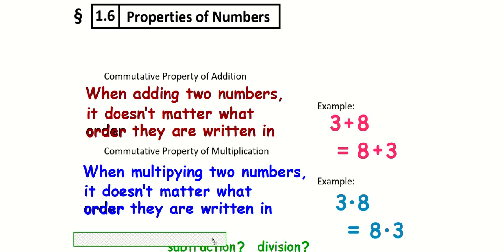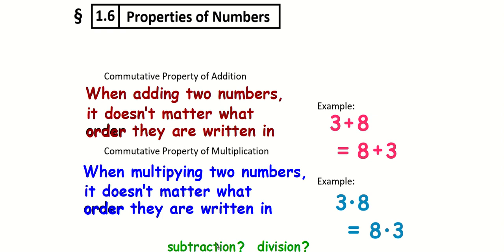But before I move on, what do you think? Do you think there would also be a commutative property of subtraction? Would there also be a commutative property of division that we could write? In other words, is 3 minus 8 literally the same as 8 minus 3? So could we also say there's a commutative property of subtraction?